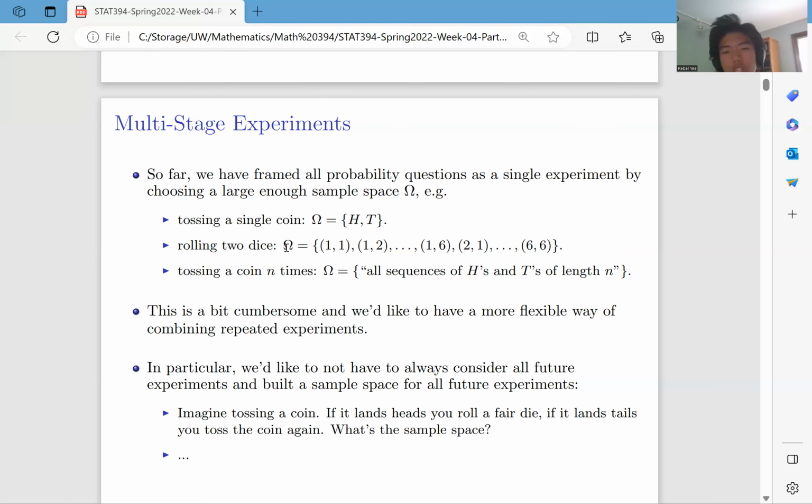Why not treat them as tossing a single coin, just with different times? Tossing a single coin has two elements in the sample space, H and T. Why not do something with that smaller sample space? This is what we are going to talk about today.